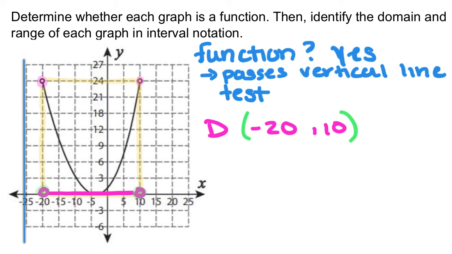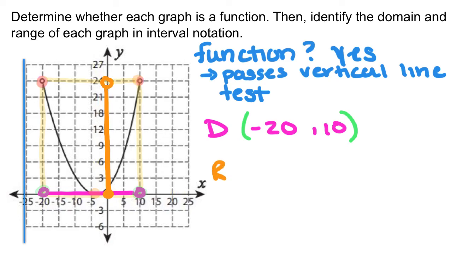Then the lowest possible value is right here, and there's a line through it, so we can assume it includes the value. So I can put a closed circle at the origin, and the highest possible value is shown by both of these points. However, they are both open circles, so I can include an open circle at the top. So your range goes from those values.